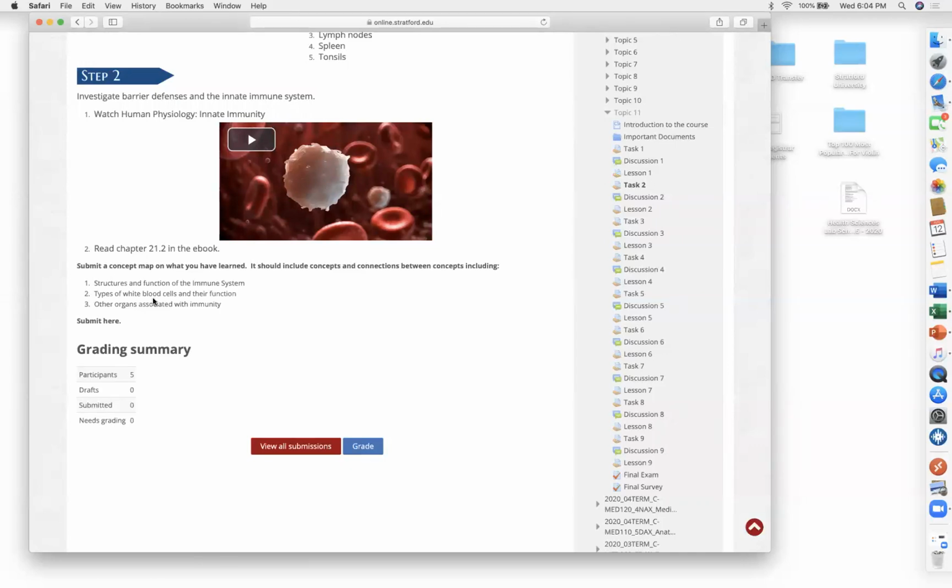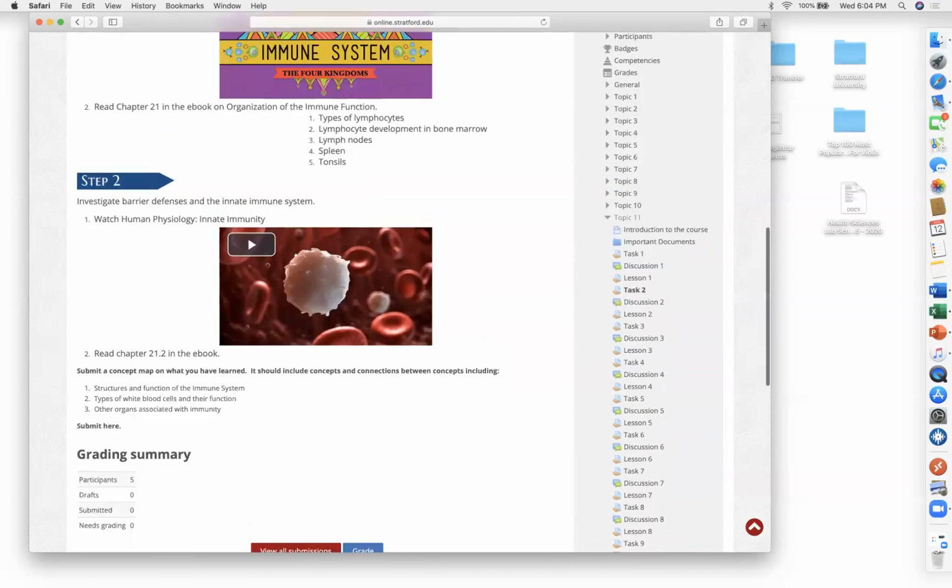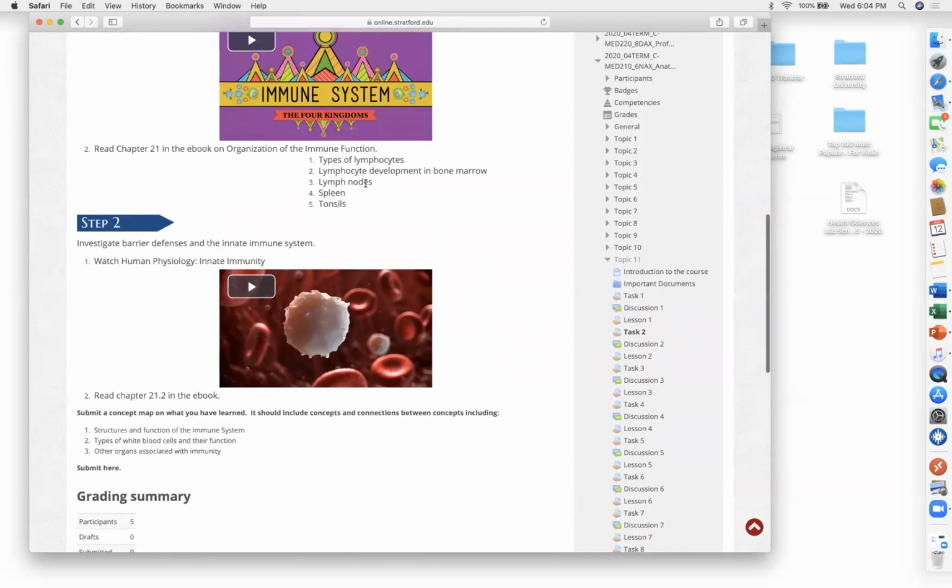And of course, we're also going to be talking about the accessory organs that have to do with immunity. The accessory organs here are listed: your tonsils, your spleen, and your lymph nodes.